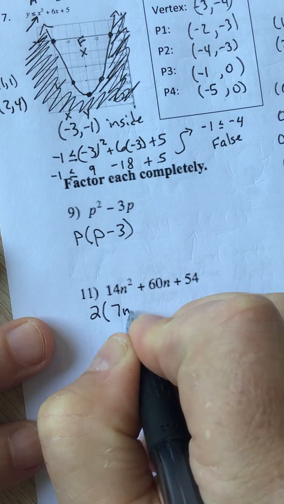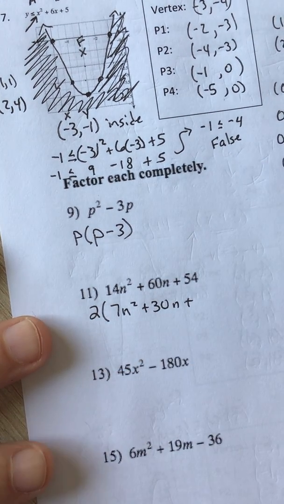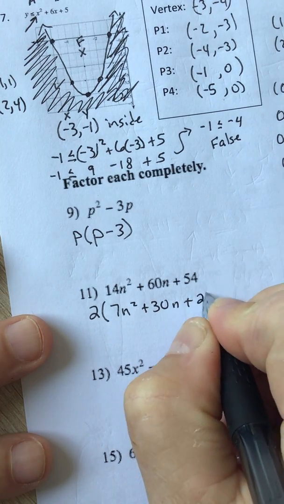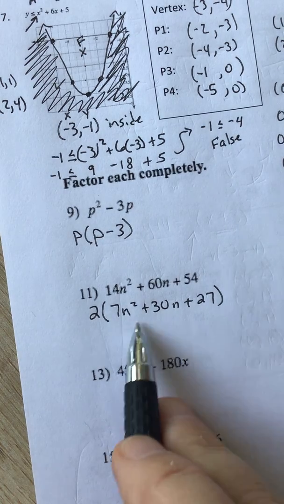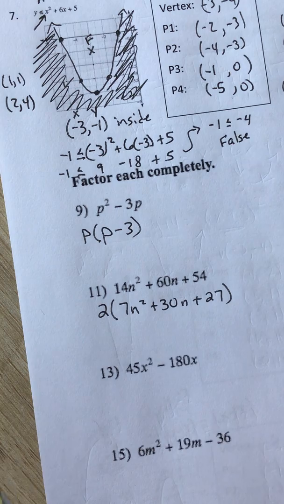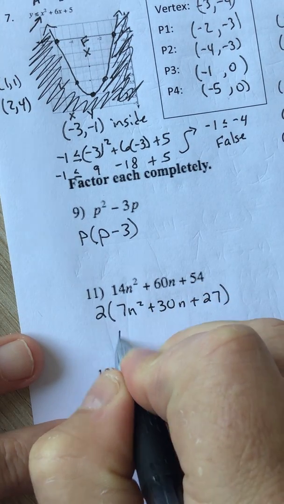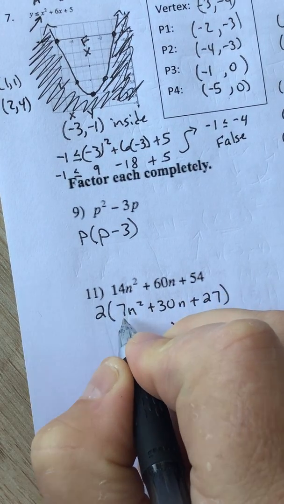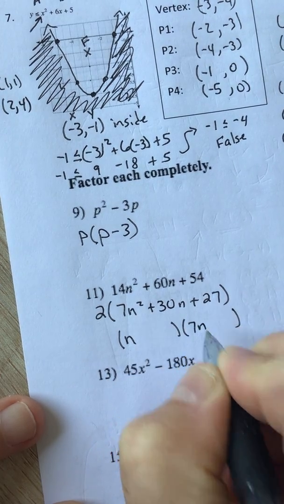That leaves 7n squared plus 30n plus half of 54, which is 27. Now I would try to see if I can get that to go any further. There's only one choice for the first: something that multiplies to 7 is 1n and 7n.